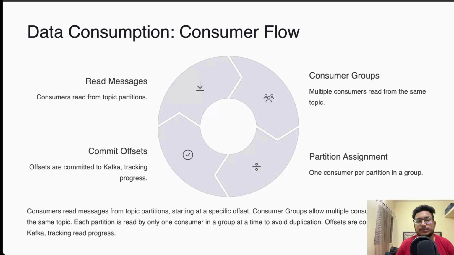Then we have the consumer group which we have seen in the architecture. Suppose you have a payment application. Some messages are produced and sent to a particular topic. After that we have a consumer group.